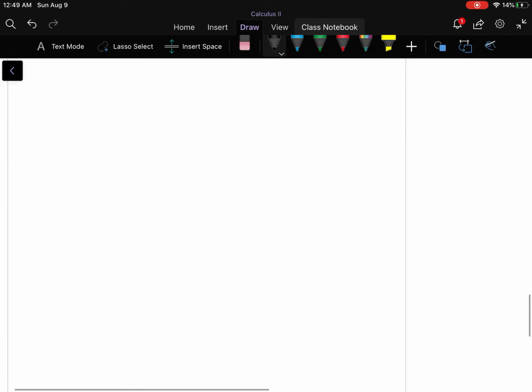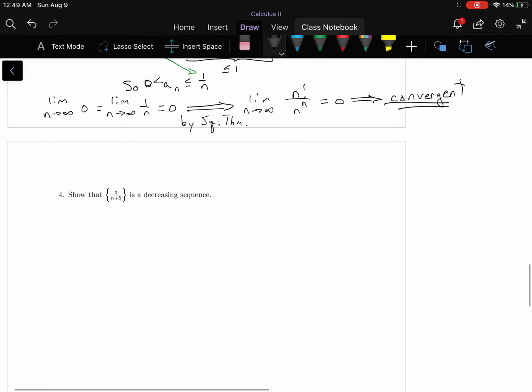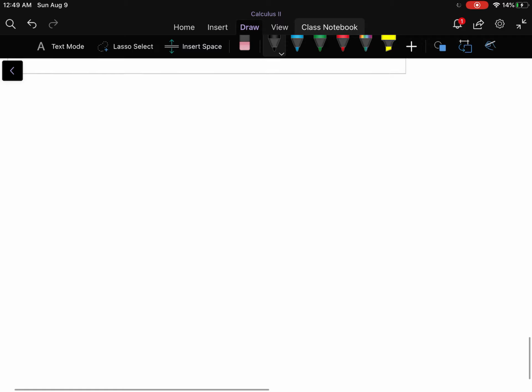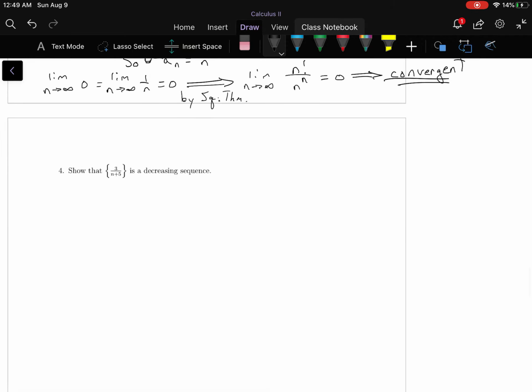So let's see. There's one more problem that's left here. Yep. And so here we want to show that the sequence 3 over n plus 5 is a decreasing sequence. And so that means that the n plus 1 term is smaller than the nth term.